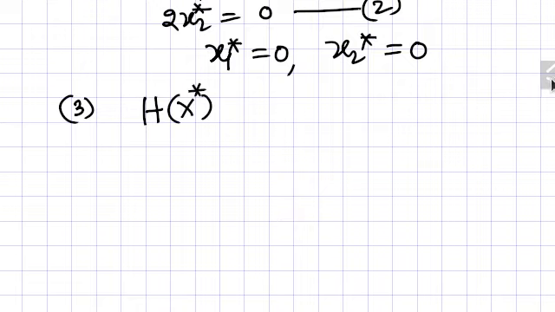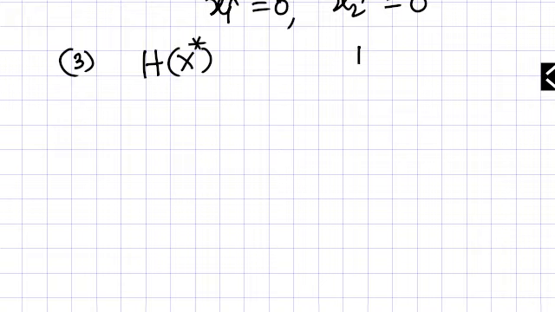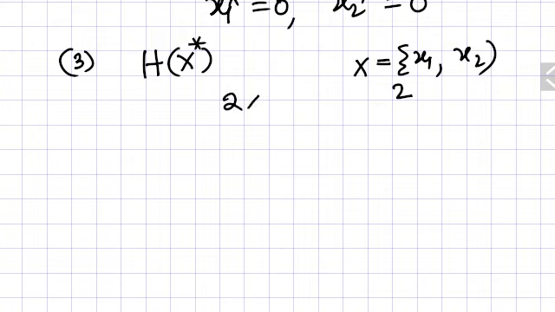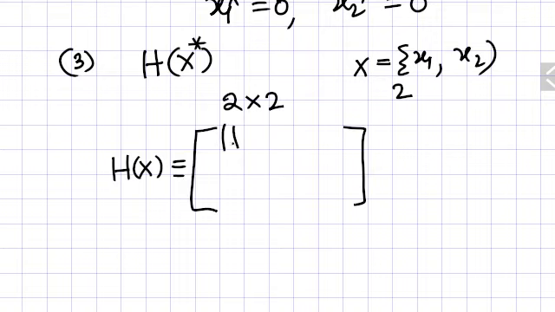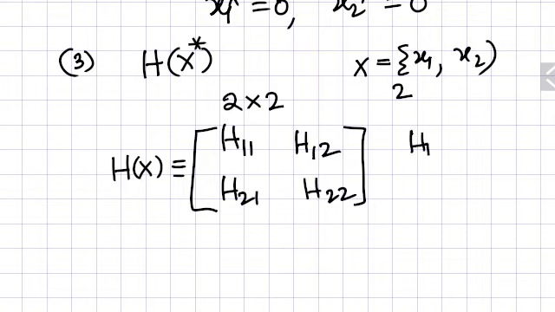So for the Hessian matrix, what we do at this time, we have 2 variables. So the order of the matrix will be 2 into 2. So Hessian matrix will be like this, and H11 will be del 2 f over del x1 square.